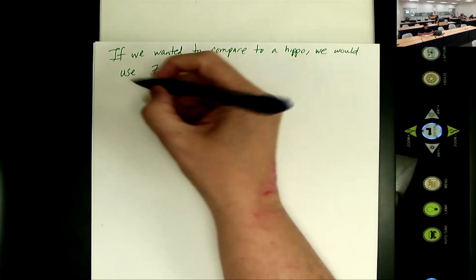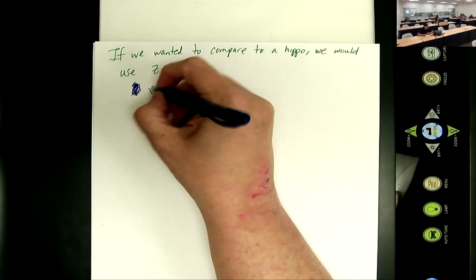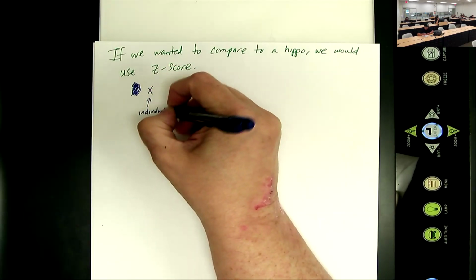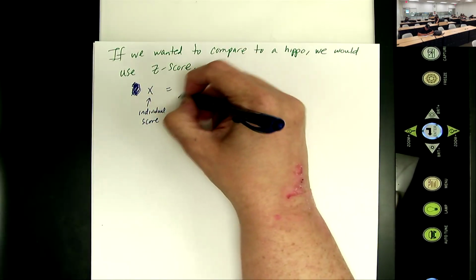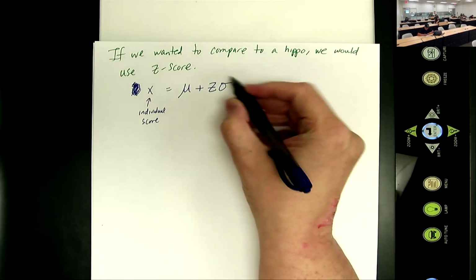It stems from the idea that the individual score is equal to the mean plus Z standard deviations.